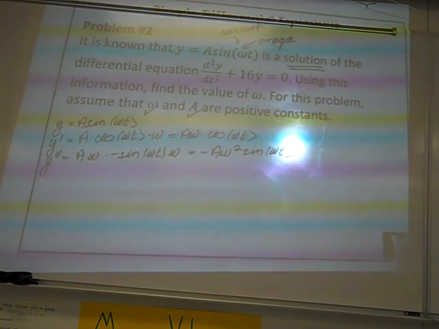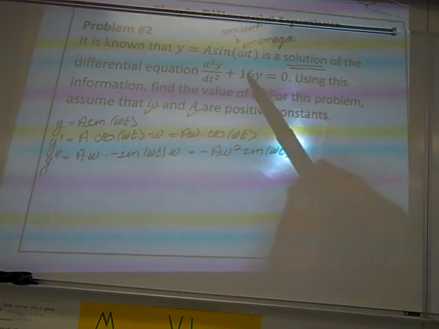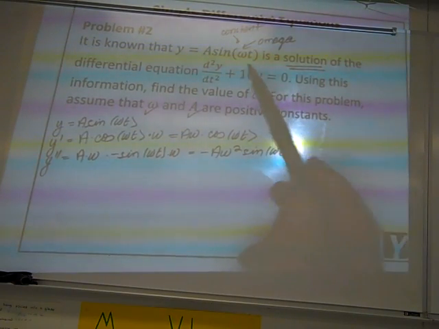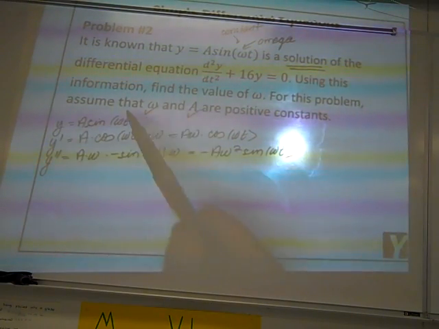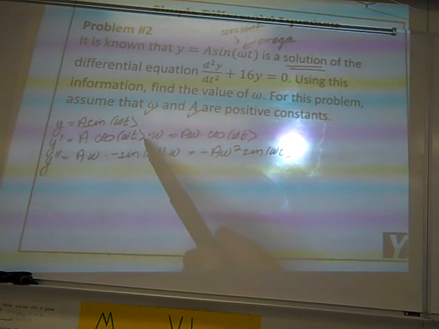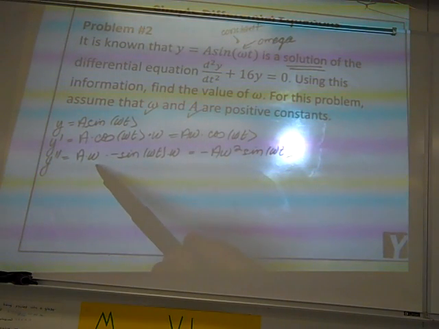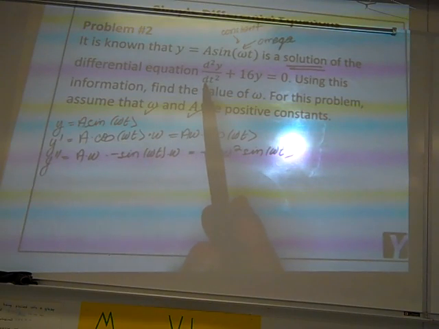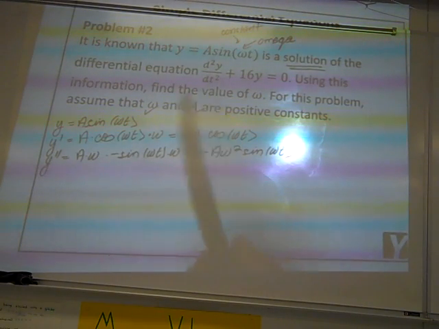We haven't actually used the differential equation yet. We're just getting all the players on the field. We need y. We don't necessarily need y prime in the differential equation, but we do need y double prime. That's this d squared y dt squared.